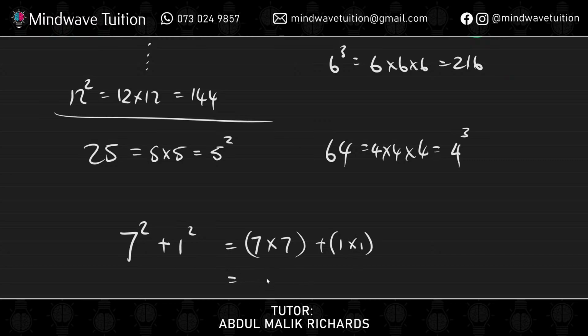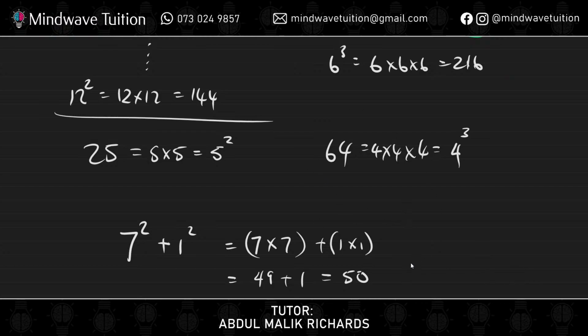So 7 times 7 is 49, and 1 times 1 is 1, which will give us the answer of 49 plus 1. So the questions that they're going to ask you regarding exponents won't be that difficult. I don't think they ask a lot of it either. I might be wrong, but it really isn't that difficult if you know your multiplication tables.